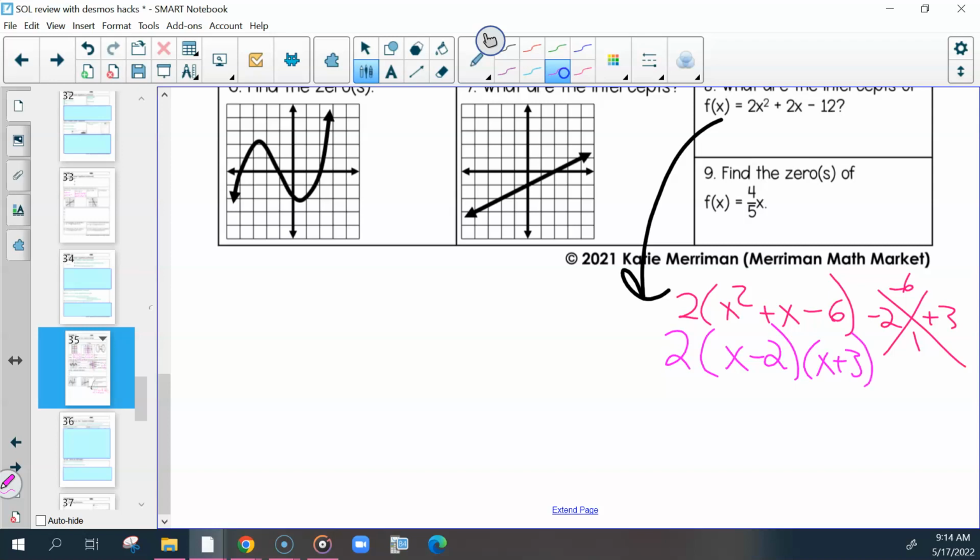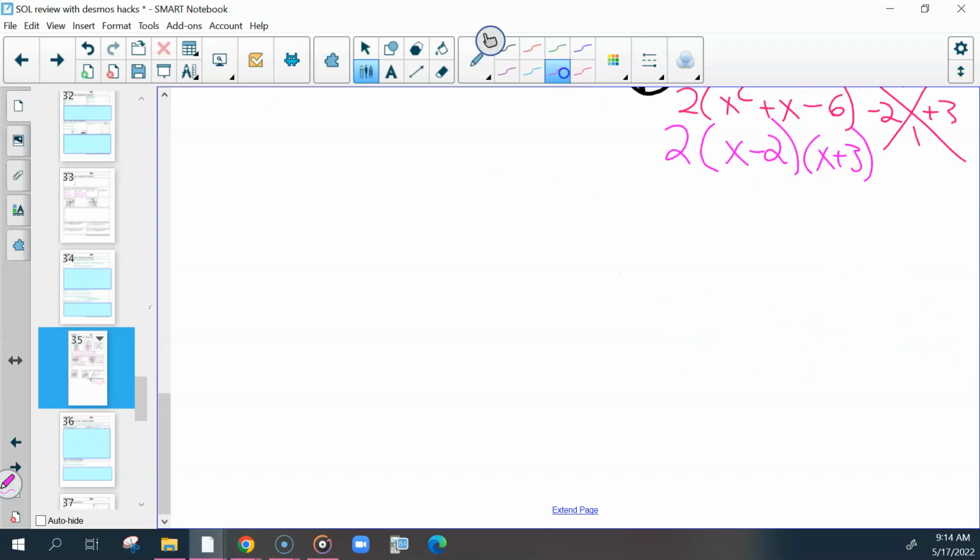But then to actually find your zeros, you have to set both factors equal to 0 and solve them. But if you solve it algebraically, some of these cannot be factored and you'd have to do the quadratic formula.